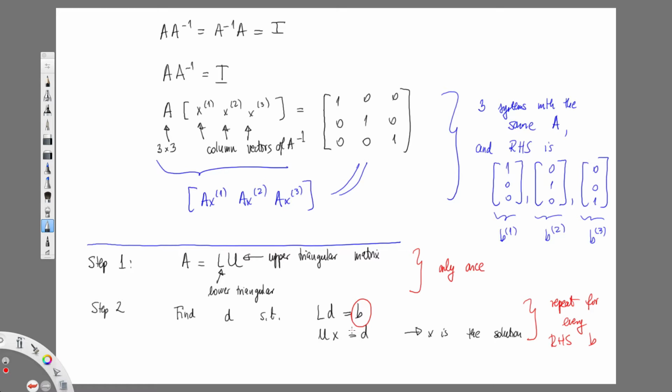This is the expensive part, and that you do only once. I was just explaining what n cubed means, but just focus on this being the expensive step that you do only once instead of 3 times in this particular case. If this was n by n, you would do this n times, whatever n is. This is a 3 by 3 system, so you do it only 3 times.